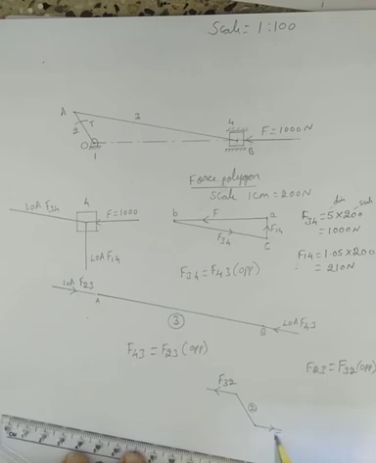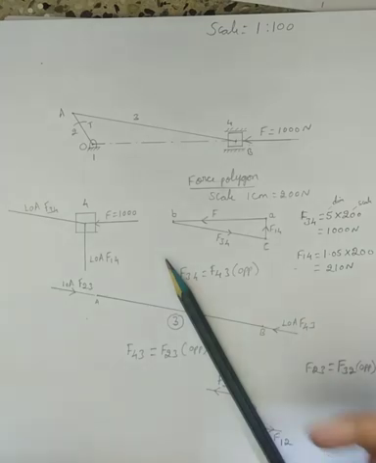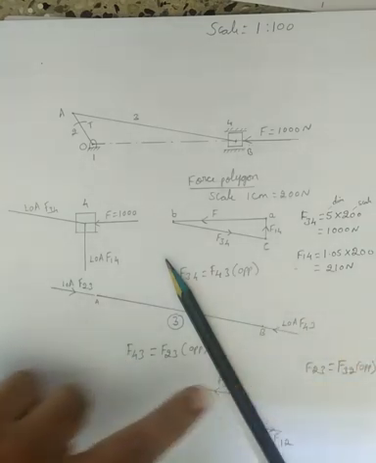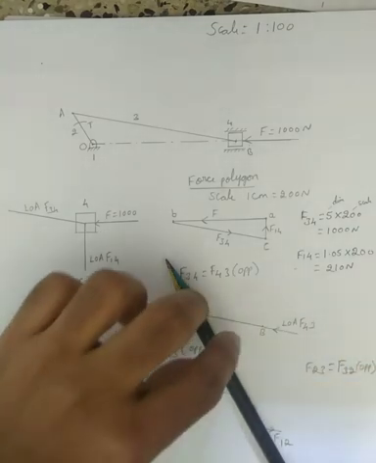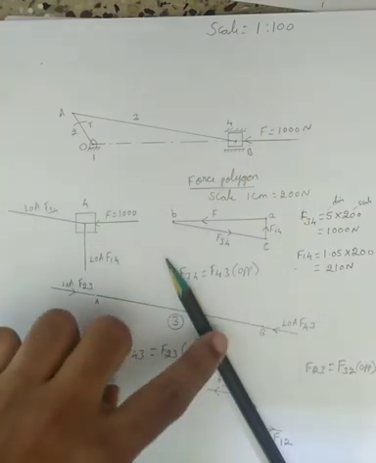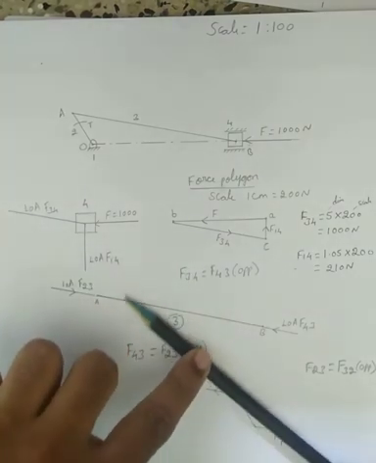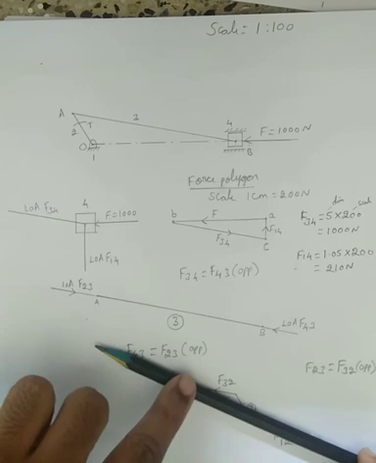These two forces are producing one couple. So when the forces are acting like this, the link will rotate in an anti-clockwise direction.